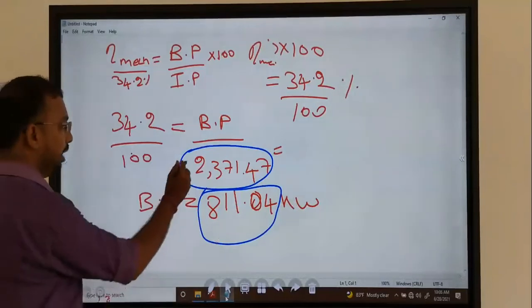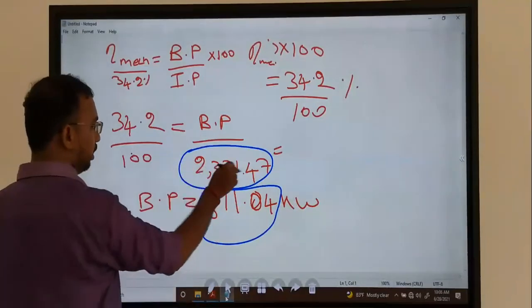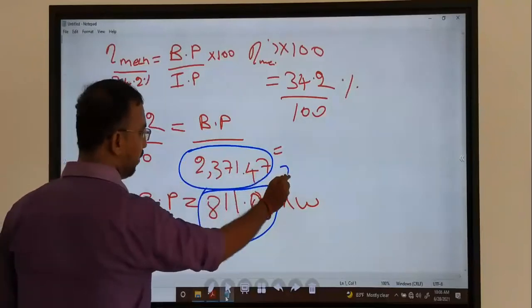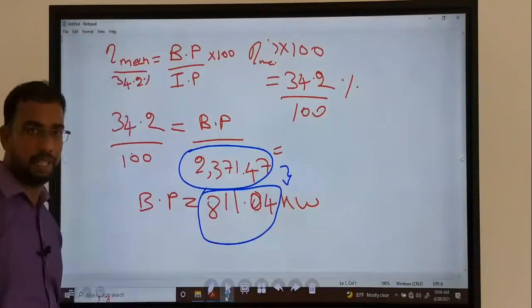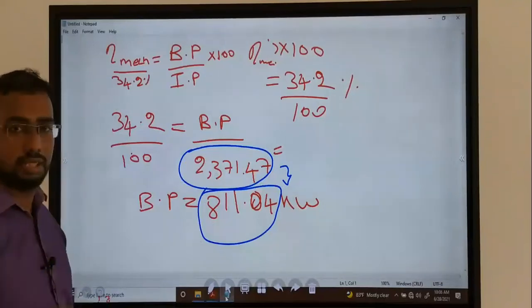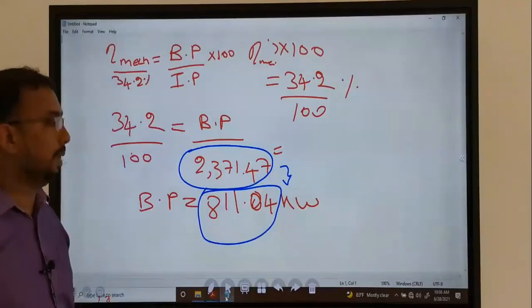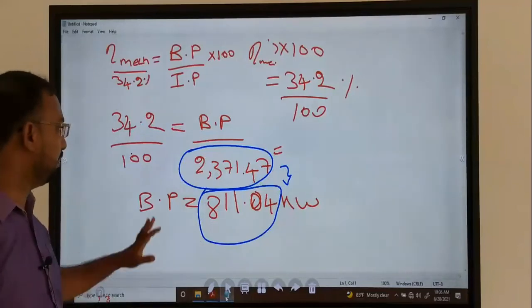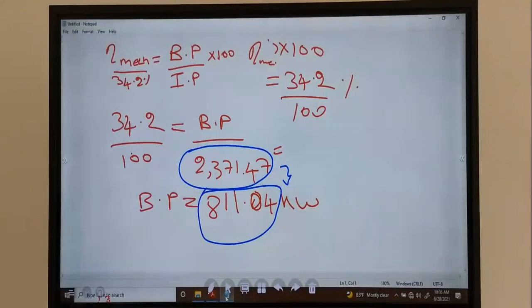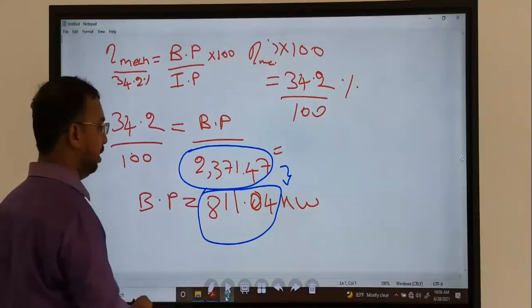This difference is used for engine operation. So always the brake power is less than the indicated power.